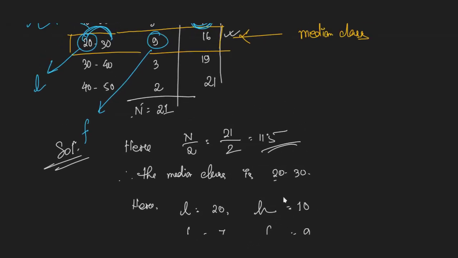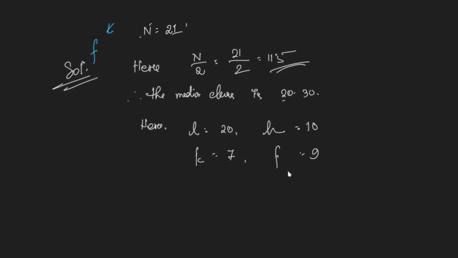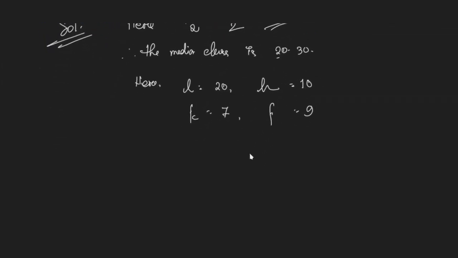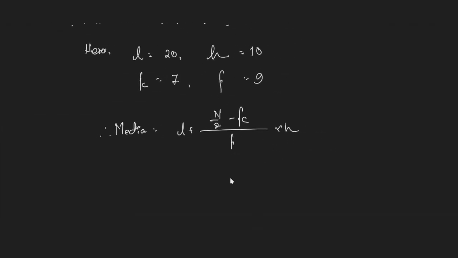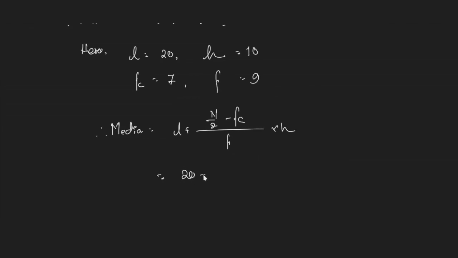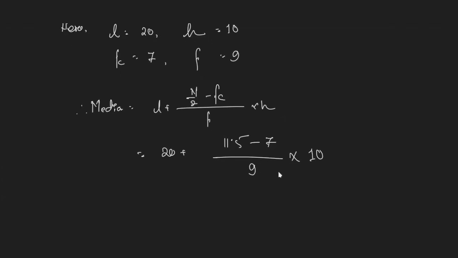Right, so that's all. Now n by 2, you already got 11.5. So what will the median be? Therefore median is equal to L plus n by 2 minus fc by f into h. L we got 20, n by 2 is 11.5, fc is 7, f is 9 and h is 10.